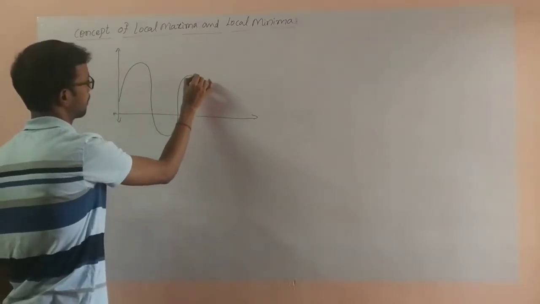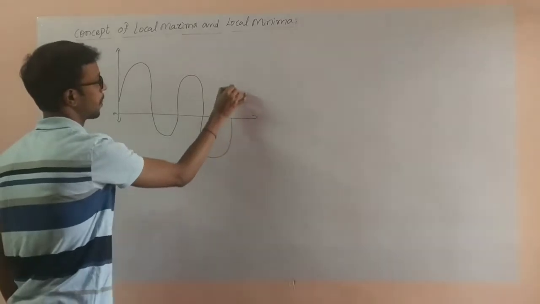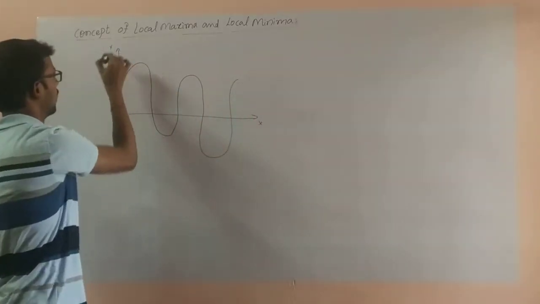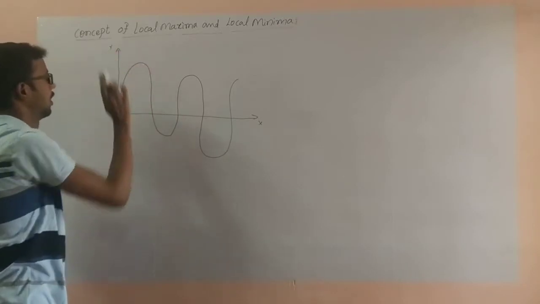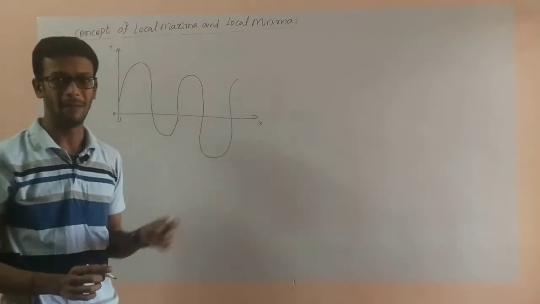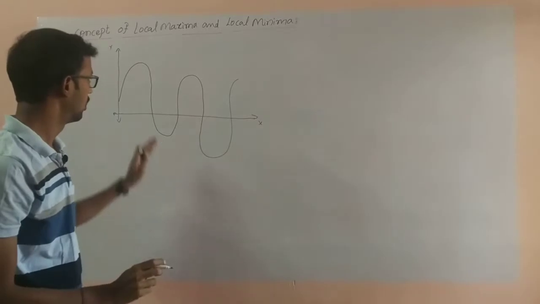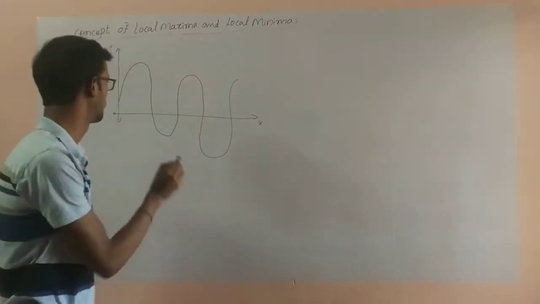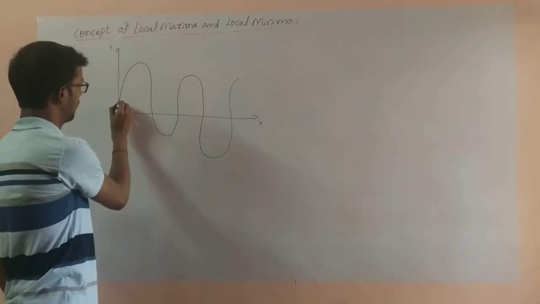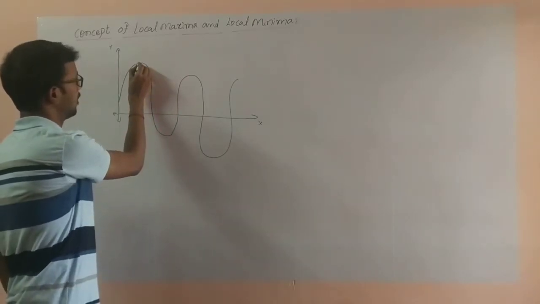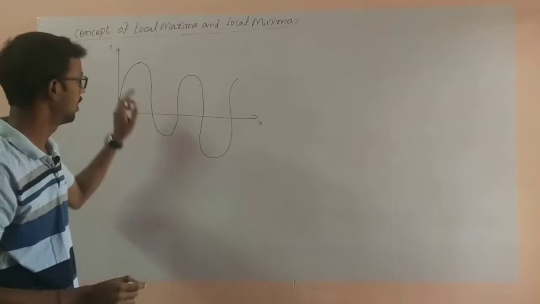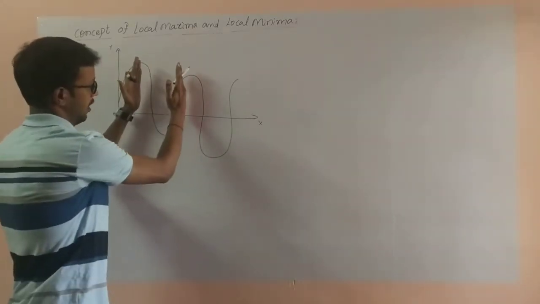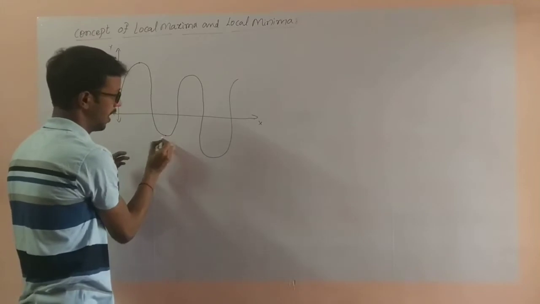In this particular interval, the total interval is divided into small intervals. For example, this is a maximum value. This is a maximum value. If you are seeing this portion, this is a minimum value.